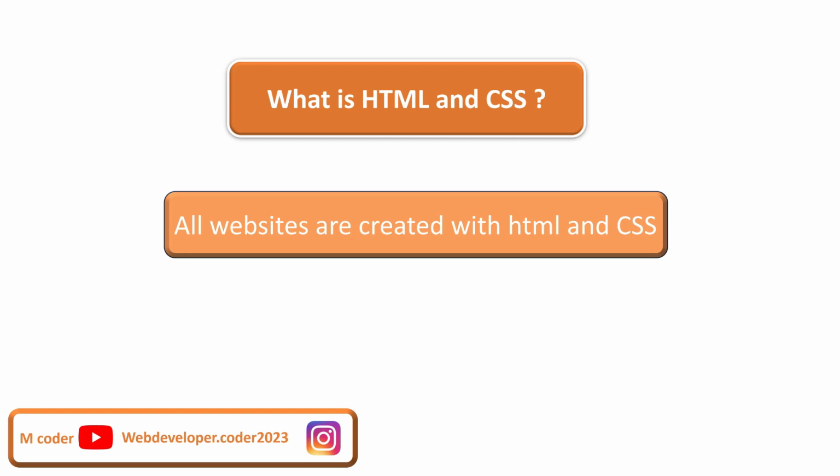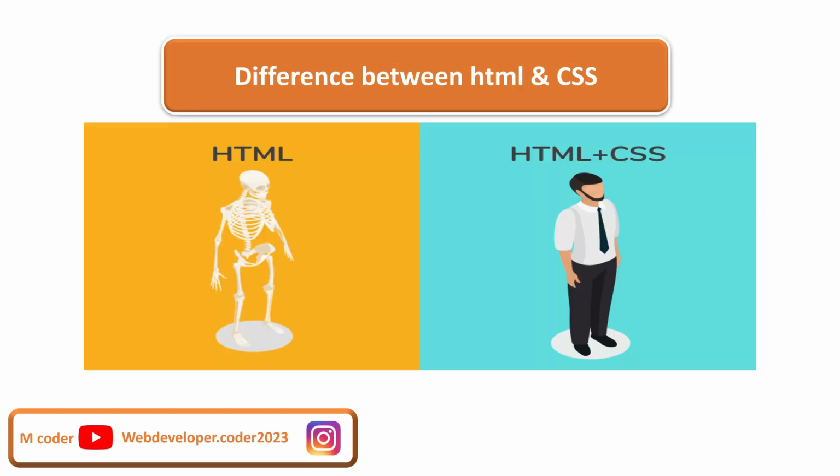Let's check the difference between CSS and HTML. HTML is like a structural layer, like the skeleton of the body. HTML creates the website template without any color or graphics.